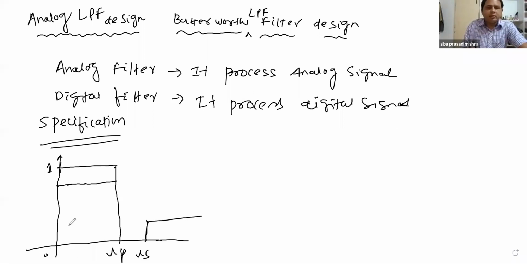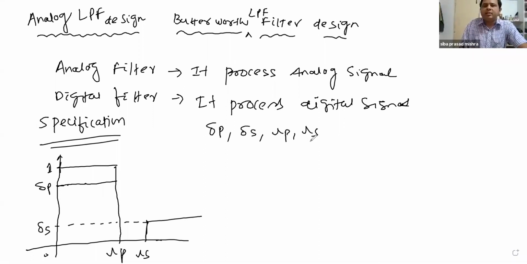Okay, 0 and this is del p, or you can take 1 minus del p also. Both are correct. This is del s. Then these are the specifications: del p, del s, omega p, and omega s.